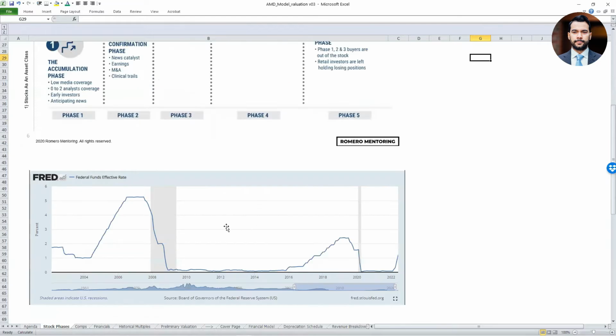If I scroll down, it's important to also understand the interest rate environment that we are currently in. Right now, we are in a rising interest rate environment. And historically, when we are in a rising interest rate environment, technology stocks tend to underperform.